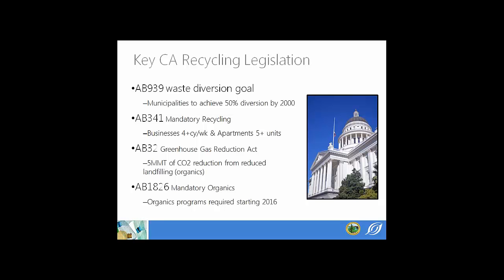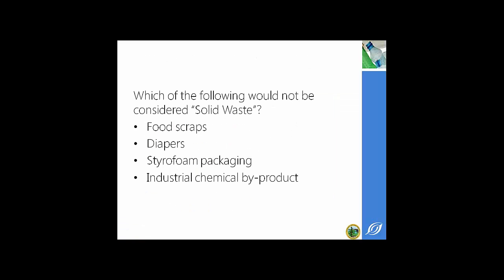Basically starting in less than a month, on April 1st of 2016, the first tier of businesses that need to comply will kick in. So if businesses generate more than 8 cubic yards a week of organic material, then they need to be implementing programs to reduce that, because the goal is to get organics out of landfill.